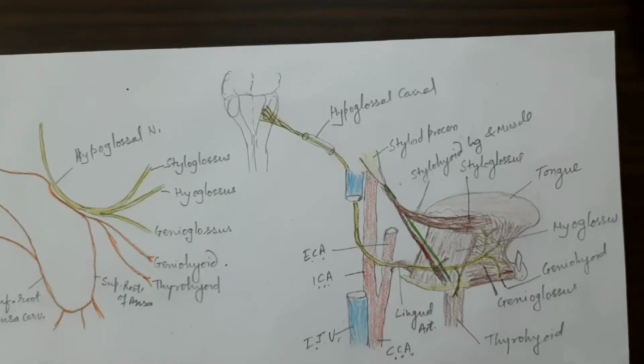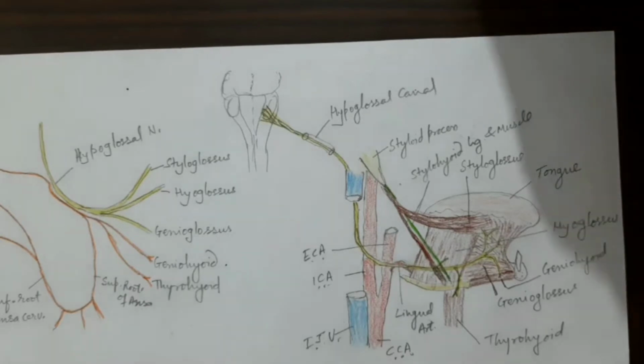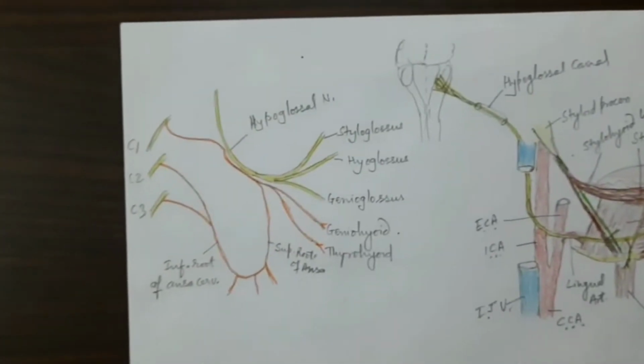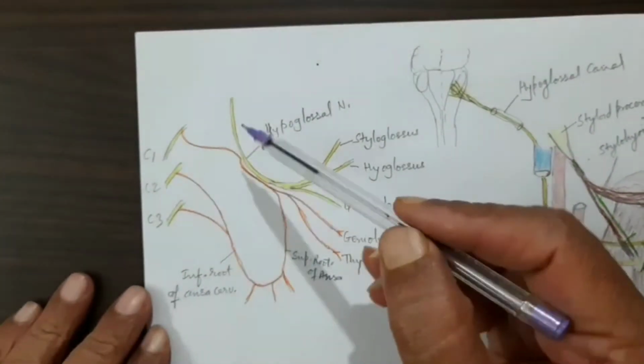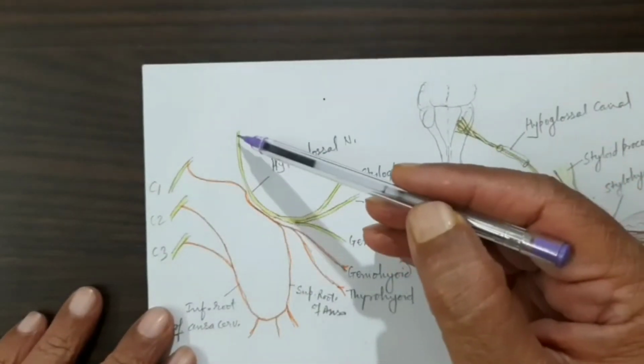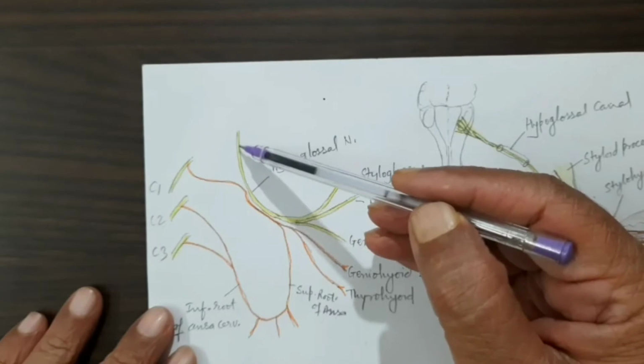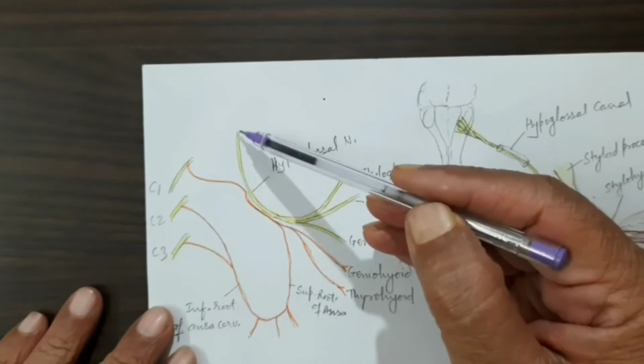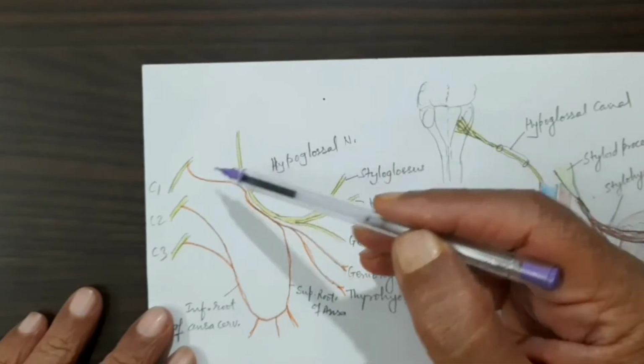Now this nerve is soon joined by a branch from the C1 ventral ramus. Let us see here. In this theoretical diagram, this is the hypoglossal nerve soon after coming out of the hypoglossal canal at the base of the skull.